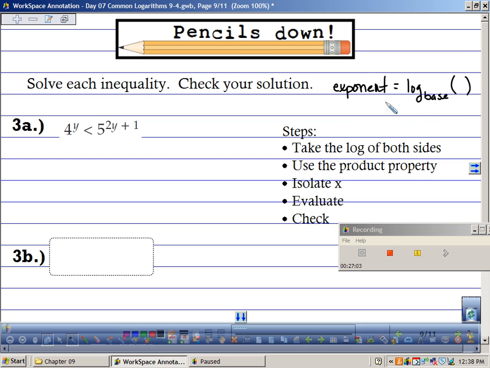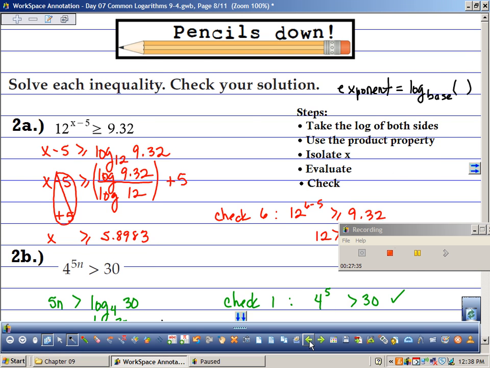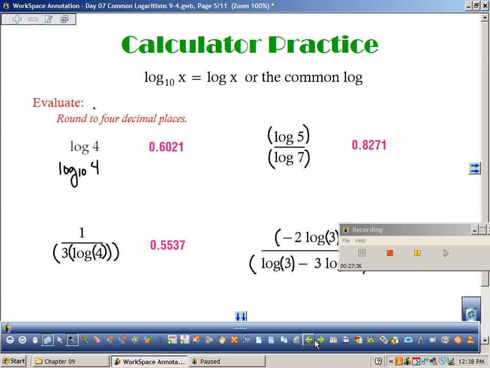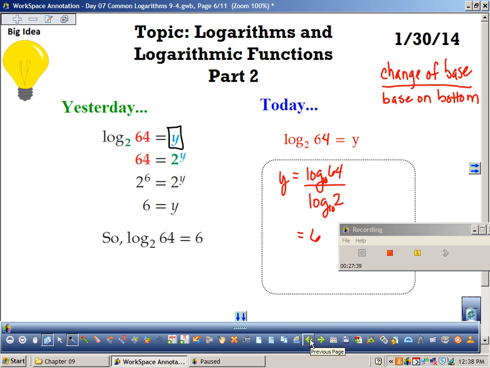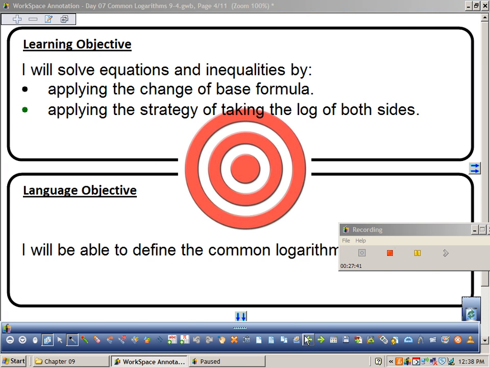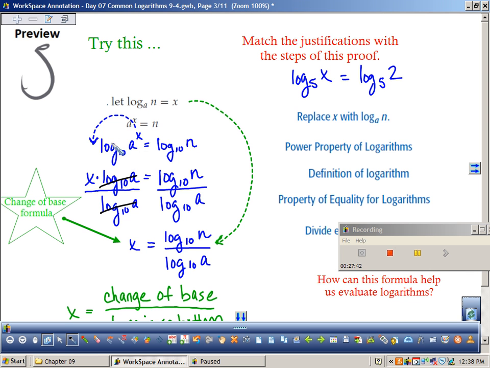But we can use the same process of how we derived change of base. Do you guys remember how I derived change of base? I took the log of both sides and then divided. Let's go back and look at it really quick.